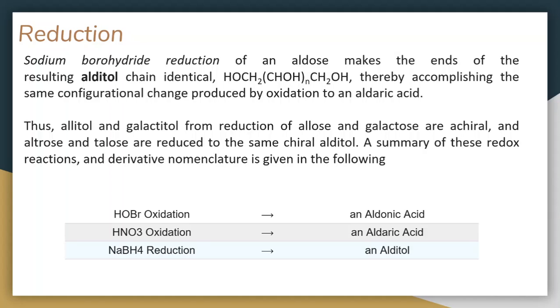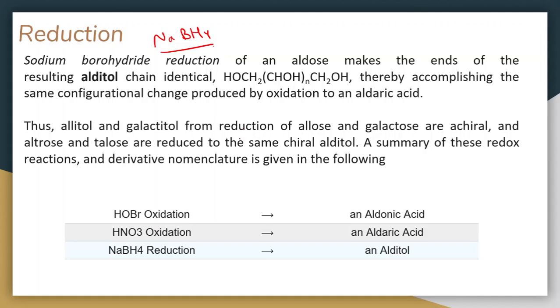Now coming to reduction, they also get reduced. A common reducing agent is sodium borohydride, NaBH4. It is a very good reducing agent. It reduces the aldose sugar at the ends, resulting in an alditol chain.